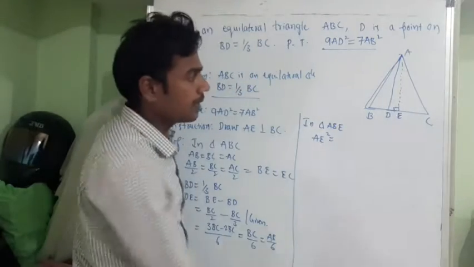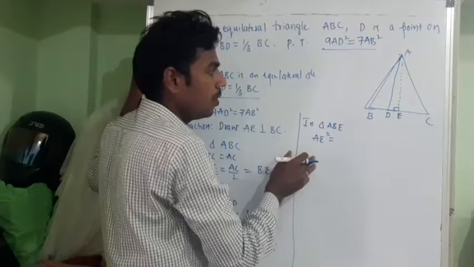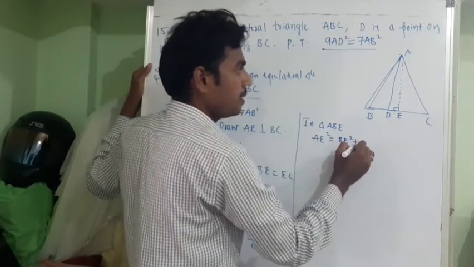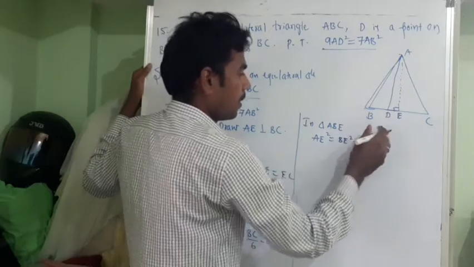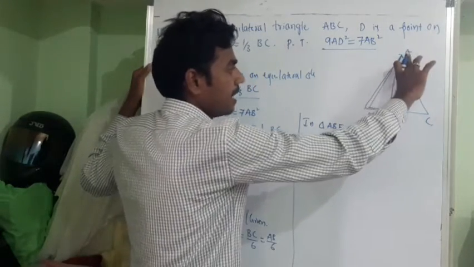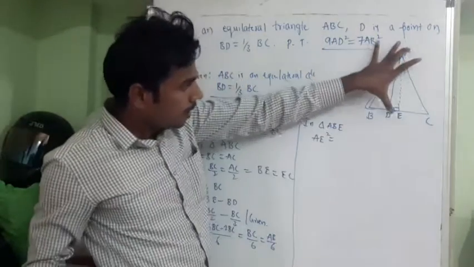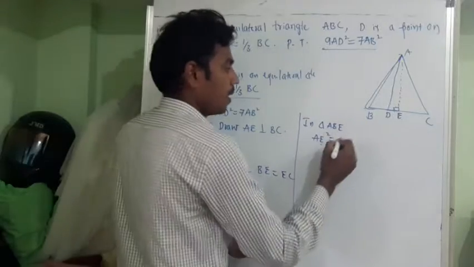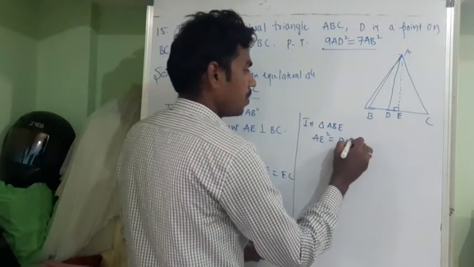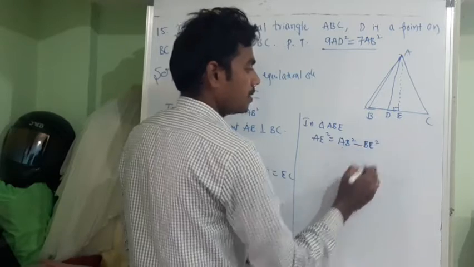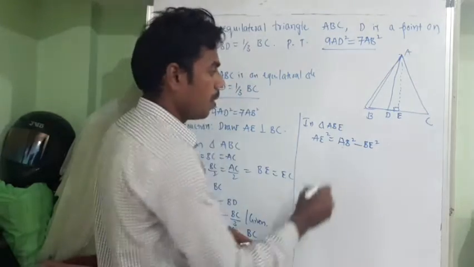I can apply Pythagoras theorem. Then hypotenuse AB square is equal to BE square plus AE square. So if I want AE square, it is hypotenuse square minus base square: AB square minus BE square.